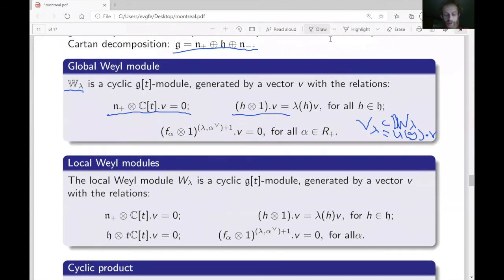And then the local modules are defined in a very similar way. So the only extra relation is this one, saying that you just kill a part of the Heisenberg algebra, h tensor tC[t]. So it also acts by 0. So this guy is finite dimensional, and this guy is infinite dimensional.